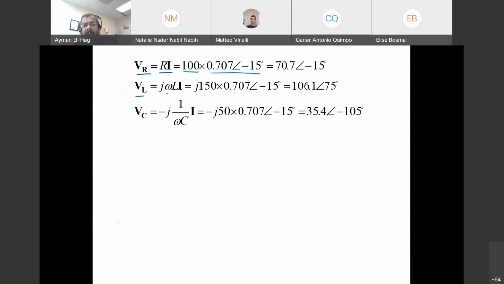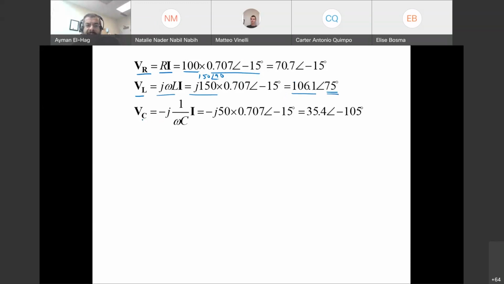Now VL is equal to J omega L times the current. This J150 is nothing but 150 angle of 90. So multiply the 150 times the 0.707, we get 106.1, and then the 90 minus 15, this is 75.